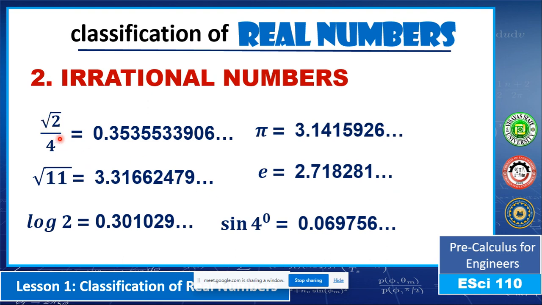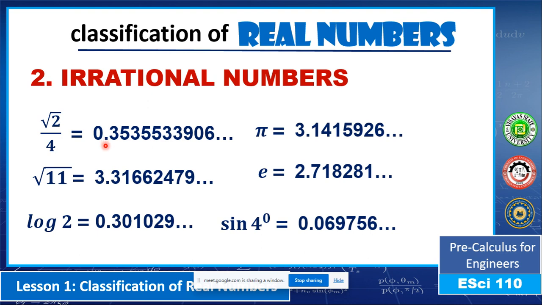If you have a calculator at hand, you can operate this and it will result in an irrational number, a non-terminating decimal with no pattern.